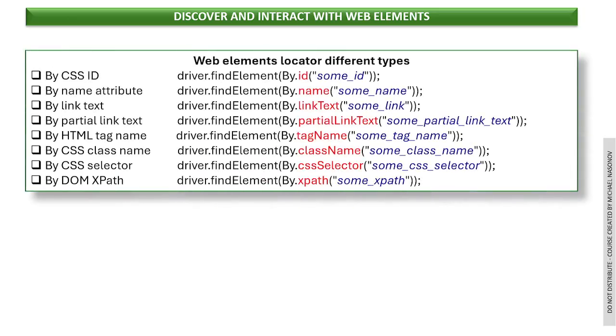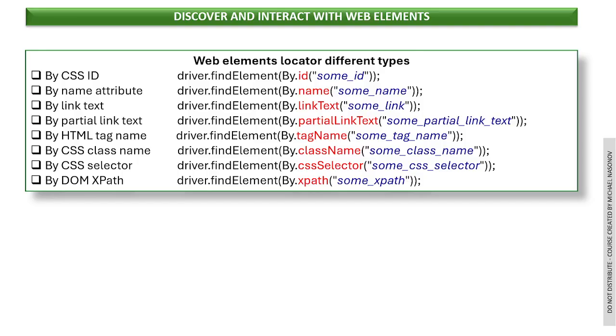Web element locator different types. By ID, for example: By ID and input some web element ID. By name attribute, by name some name. Let's say you found an element by some name. By link text. By partial link text, find element by partial link text.